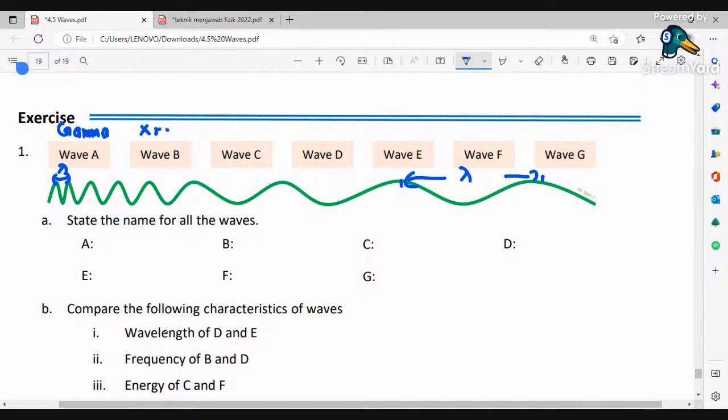Then X-ray. Then ultraviolet. Then visible light. Then infrared. Then microwave. Radio. Okay, make a funny sentence just to memorize the arrangement.